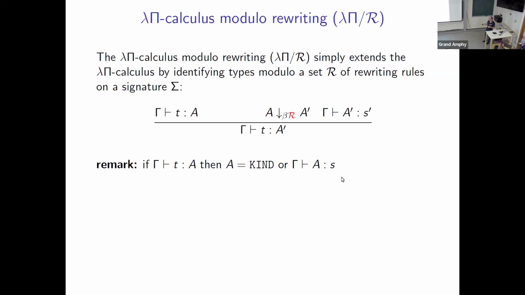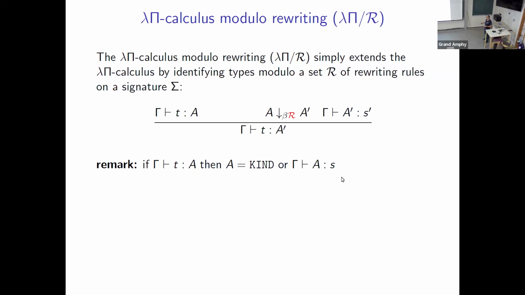So in this framework, the lambda pi calculus modulo rewriting, we assume given a signature for the global constants and a set of rewrite rules on these global constants. And then we have this typing rule that identifies types modulo beta reduction, but also the user-defined rewrite rules.